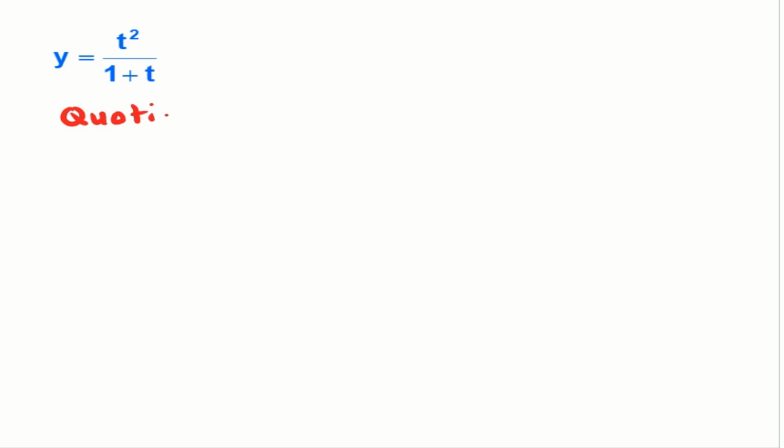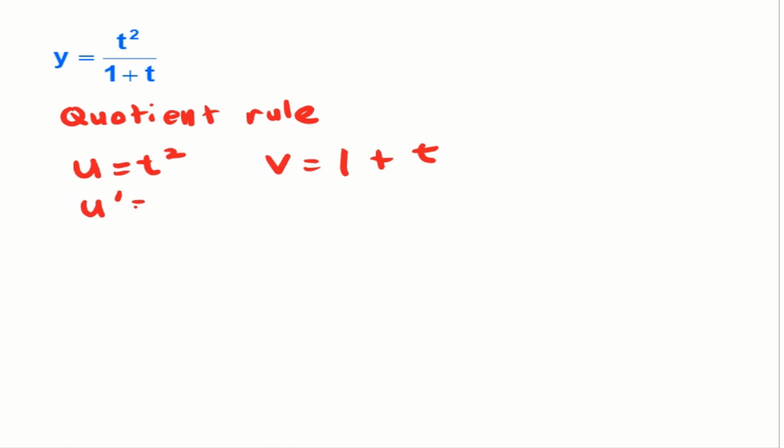So let u equal t squared and v equal 1 plus t. Then u prime is equal to 2t, v prime equals 1. We differentiate 1, it becomes 0, t becomes 1.